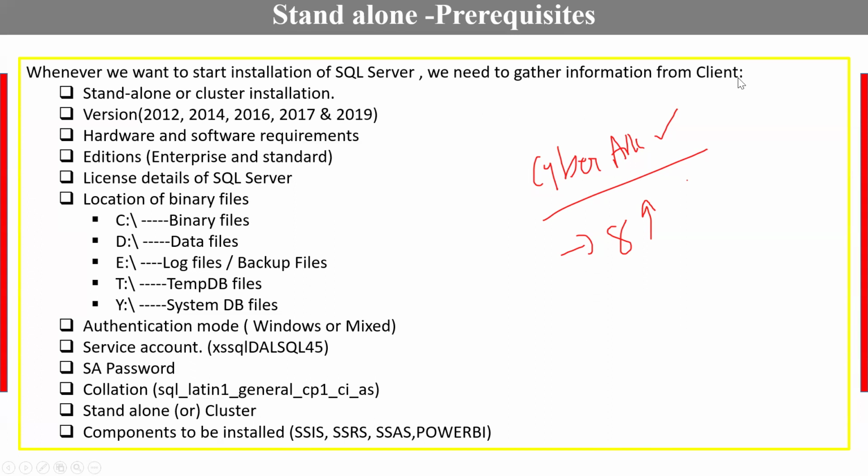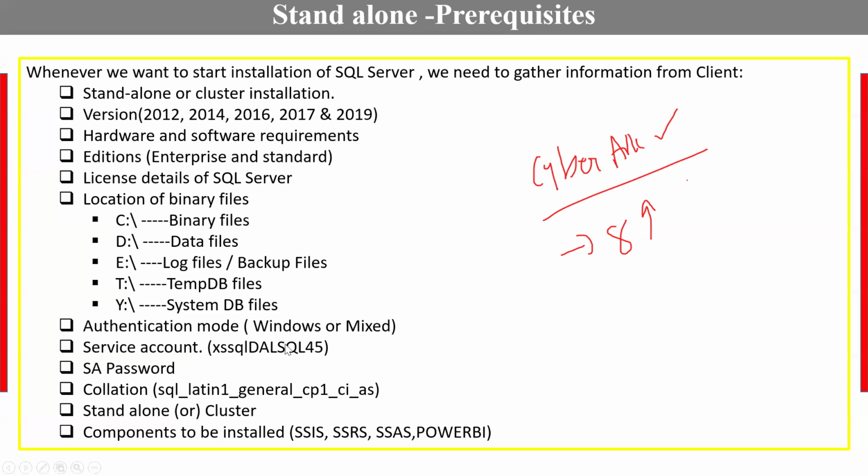Next, I will create one more ticket to add this service account to the CyberArk. Once my account is added to the CyberArk, what is happening internally means my SQL Server service and CyberArk will map internally. Getting my point?